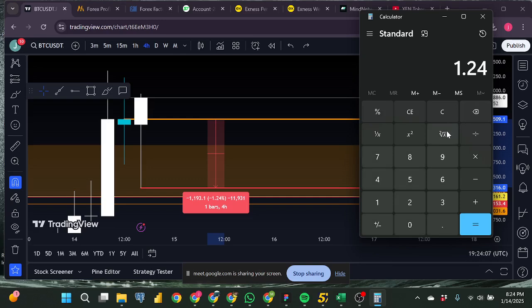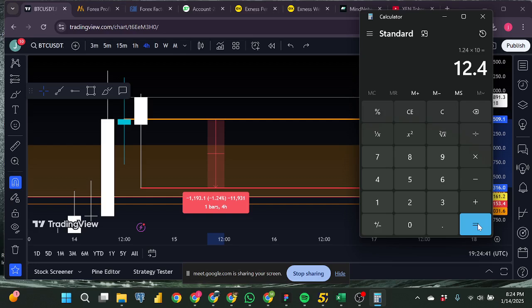Just type 1.24 times. Let us test with 10x. Remember that it goes from 1x to 400x, right? Can we use 10x? Okay, let us test with 10x.